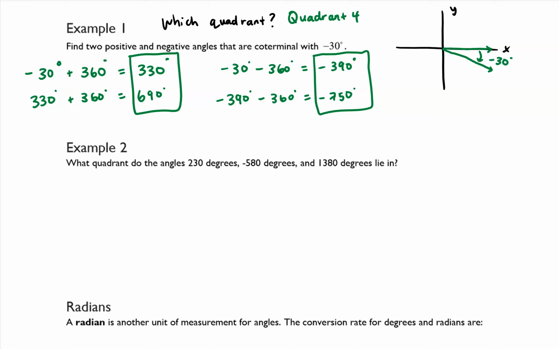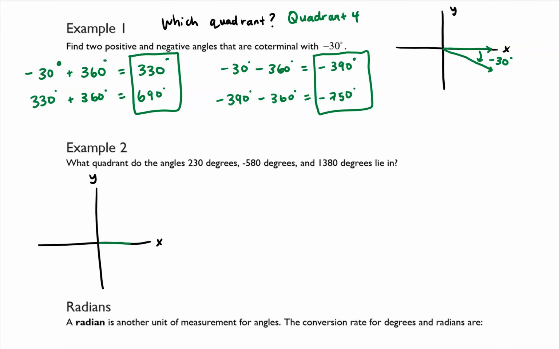Example 2 says, what quadrant do the angles 230 degrees, negative 580 degrees, and 1,380 degrees lie in? So we want to find each of those. I'm going to sketch my XY plane. Now, remember the straight angle.